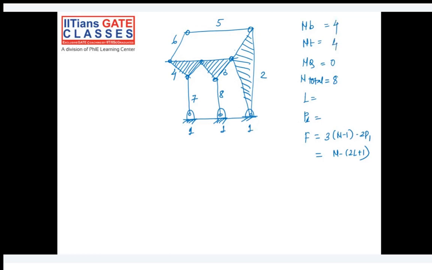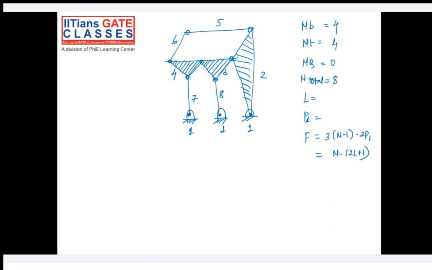Okay, I'll just use a red pen. The first link is connecting all three joints: this particular joint, this particular joint here, and this particular joint.